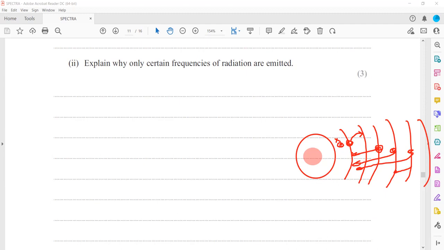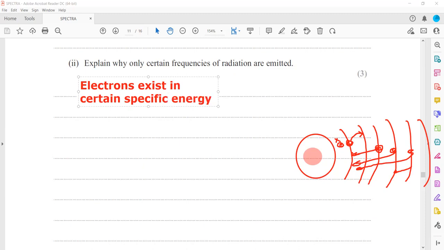So the answer for this one: these electrons exist in certain specific energy levels. Then only certain or specific energy changes are possible.